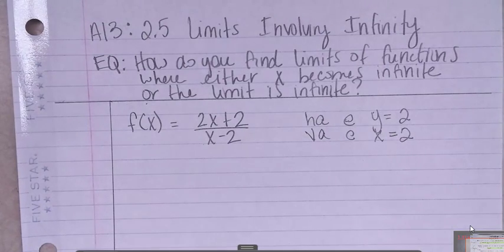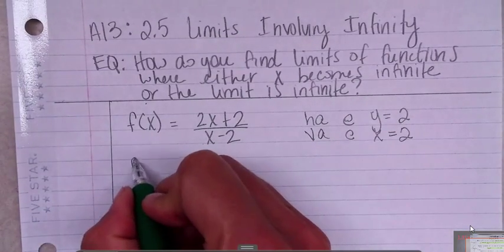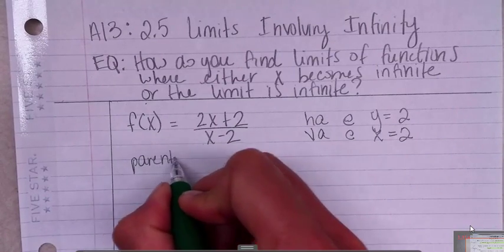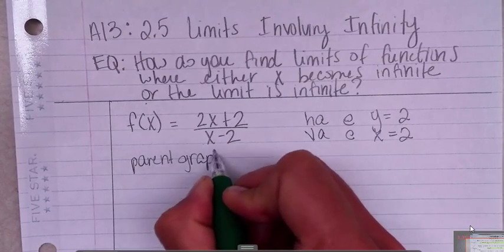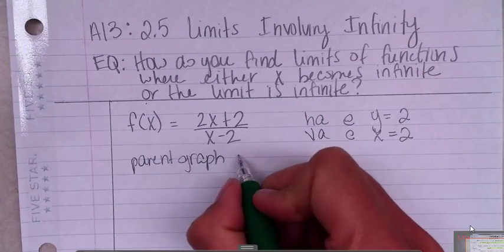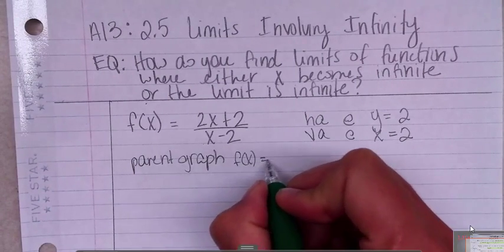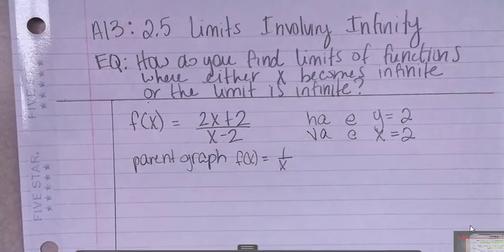Okay, so just a quick idea of what this graph is looking like. This is a rational function, which is going to be a hyperbola, right? So your parent graph is basically that hyperbola graph.